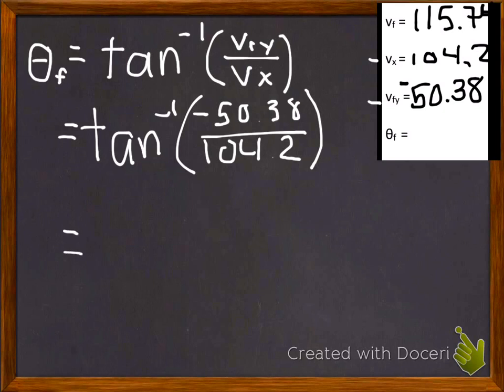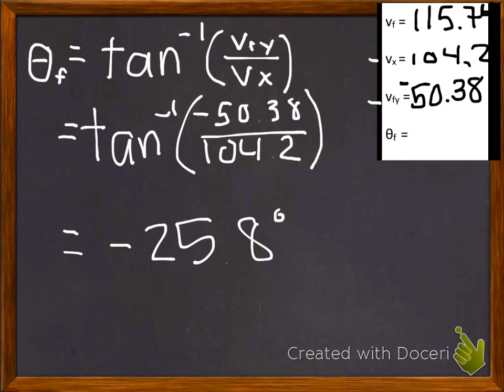So you plug that into your calculator, and if you're in degrees, it'll give you negative 25.8 degrees, which seems really weird that you would get out a negative angle. But remember, in physics, negatives just tell you directions.